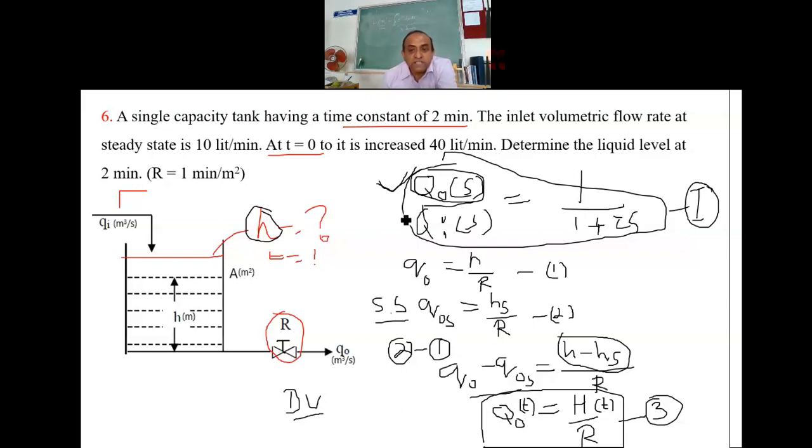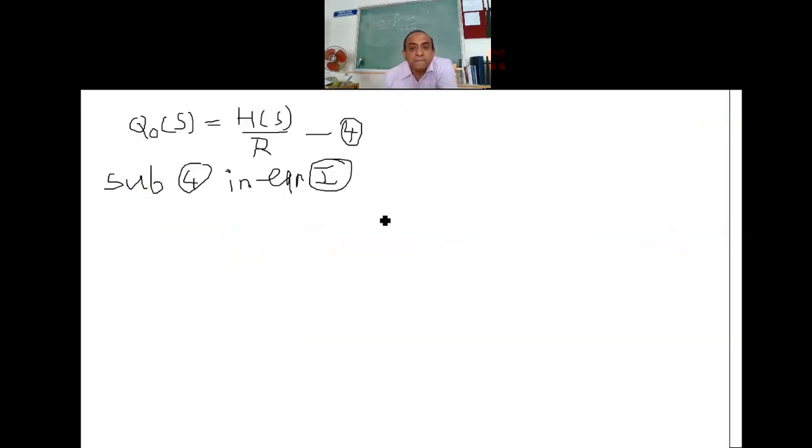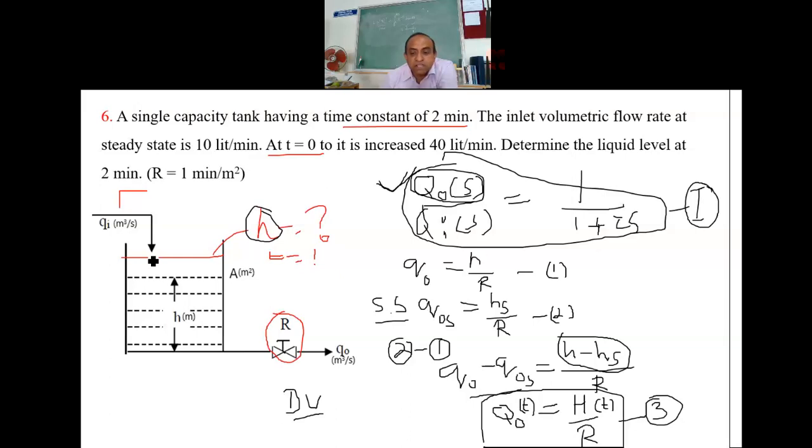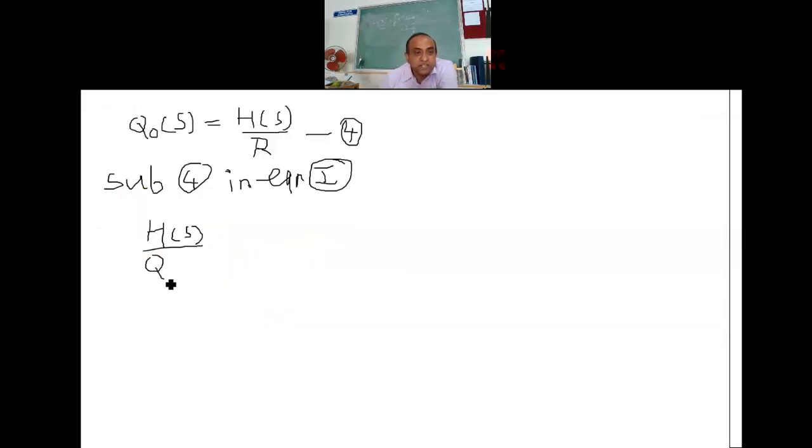So what happens? If you substitute there, you get HS divided by Q1 of S. I'm substituting Q naught, H of S by R, so R is there.